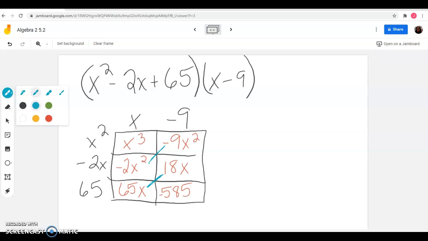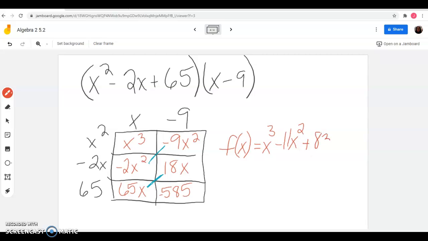So when I go and I write out my final answer, f of x equals x to the third minus 11x squared, because I combine those two, plus 83x, again I can combine those two, minus 585. And that's my final answer.